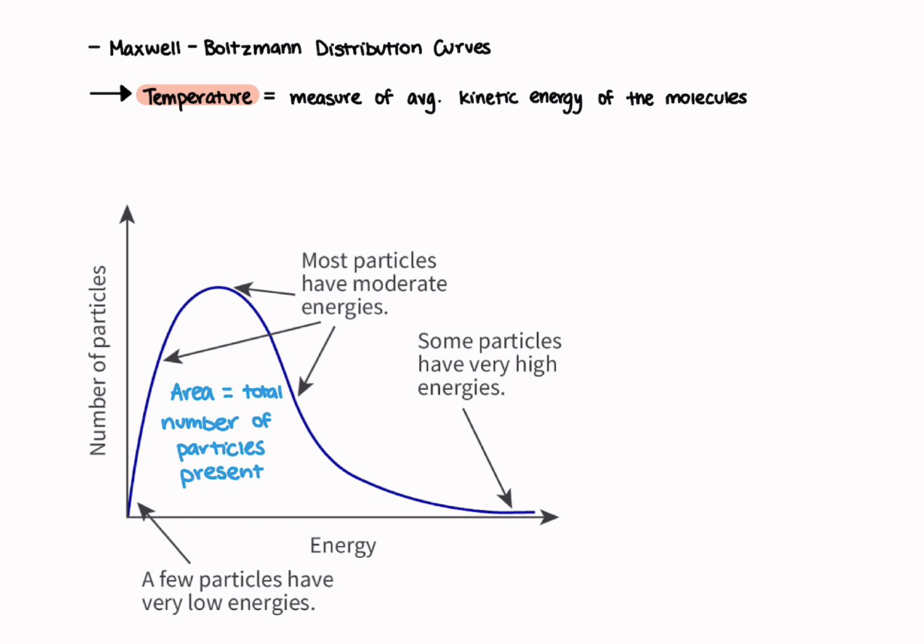And since this section of the graph has the largest area, we can say that most particles have moderate energies. And this small section here shows that only a few particles have very low energies. And same goes for this section over here. And we can say that only some particles have very high energies.